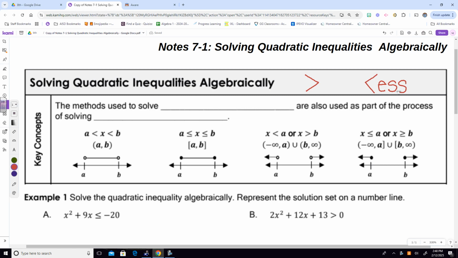So the methods used to solve quadratic equations are also used as part of the process of solving quadratic inequalities.